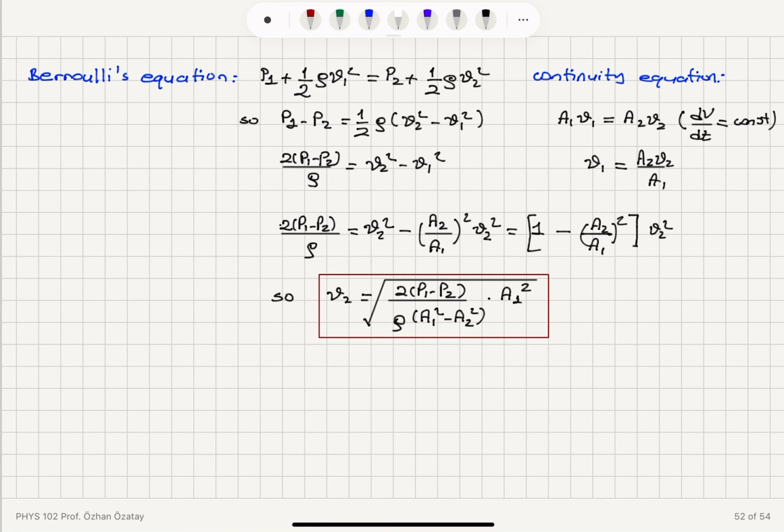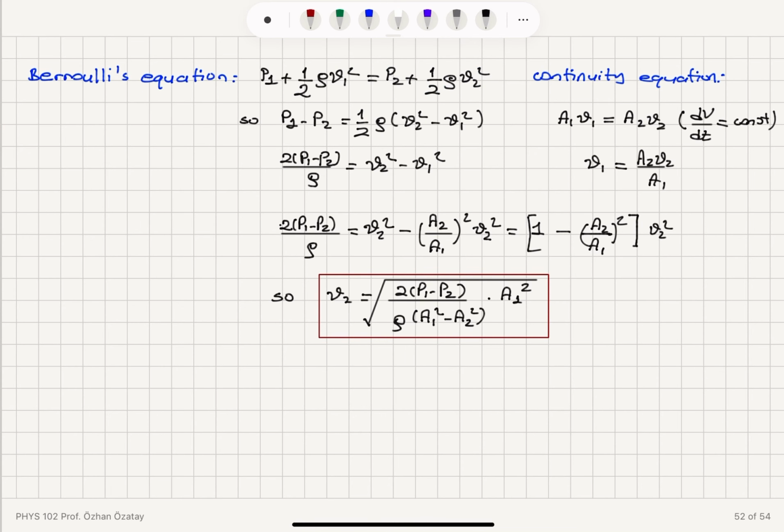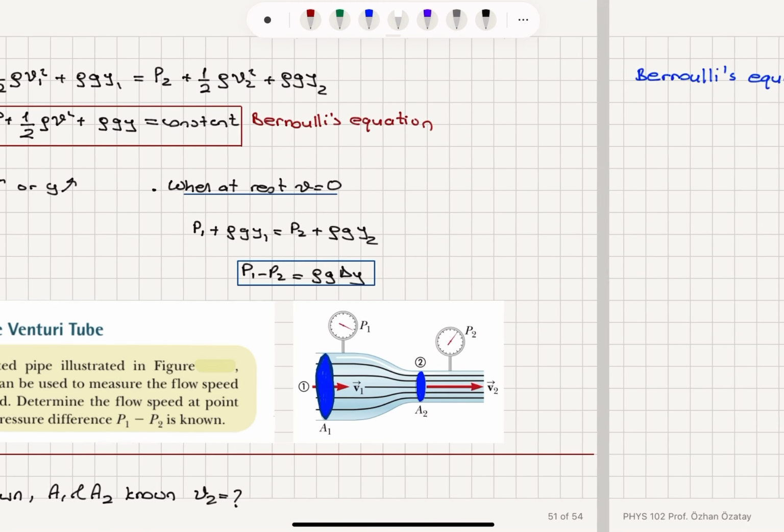We can calculate the velocity of the particles at point 2 using the continuity equation where the volume flux is a constant, so A1V1 equals A2V2, and using Bernoulli's equation with no potential energy term, P plus 1/2 rho V squared should be a constant for this tube.